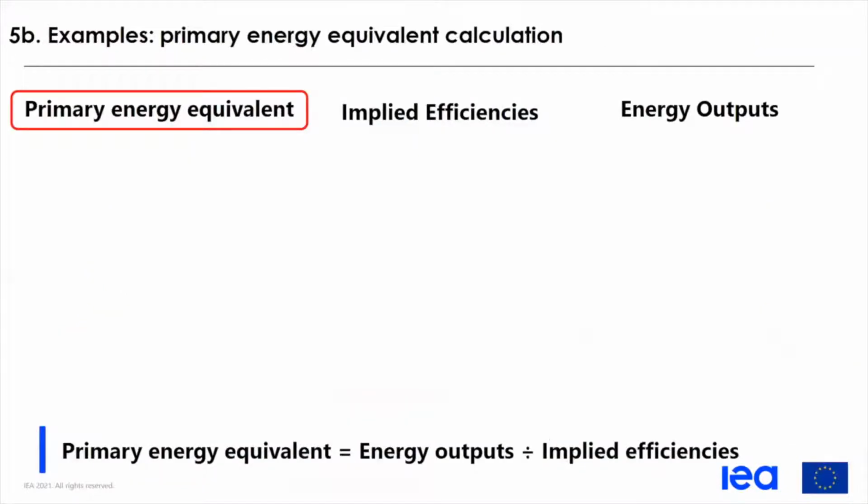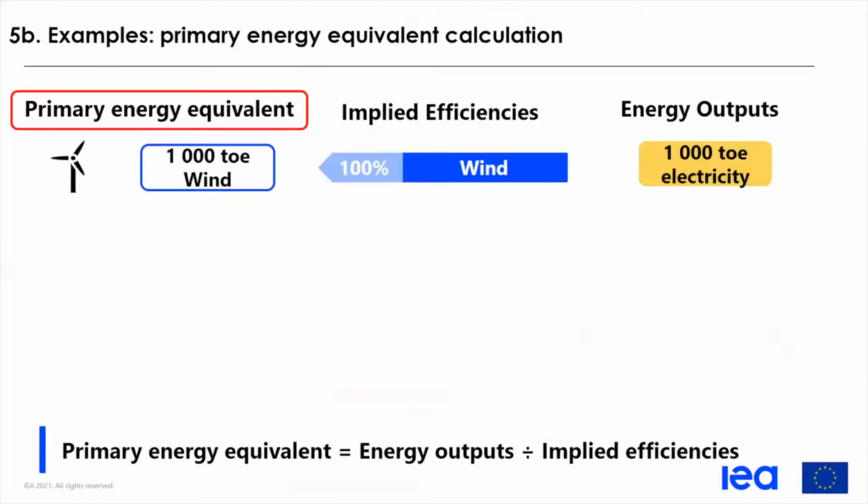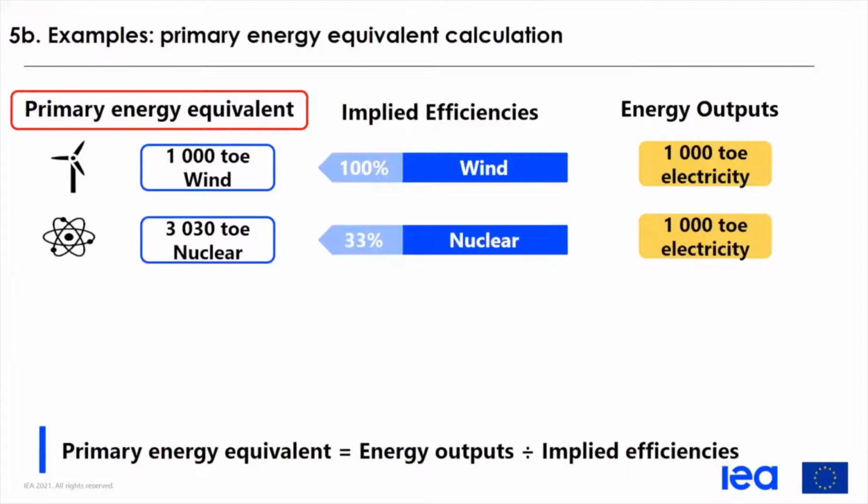Let us see a few examples to illustrate this concept. For wind, as we have an implied efficiency of 100%, with 1000 TOE of electricity produced, the primary energy equivalent is 1000 TOE of wind. In the case of nuclear, as the implied efficiency is 33%, for 1000 TOE of electricity produced from nuclear, the primary energy equivalent is around 3000 TOE of nuclear.